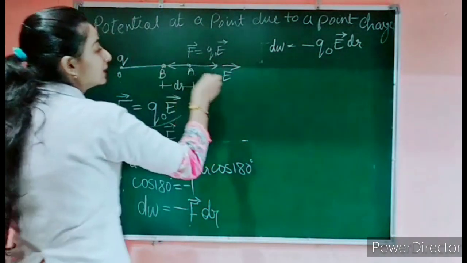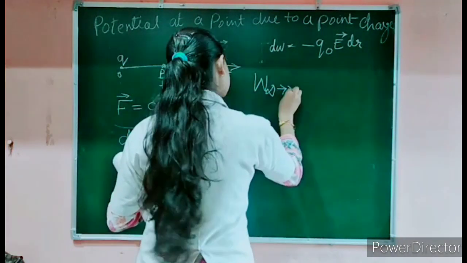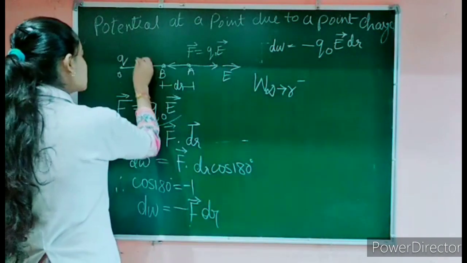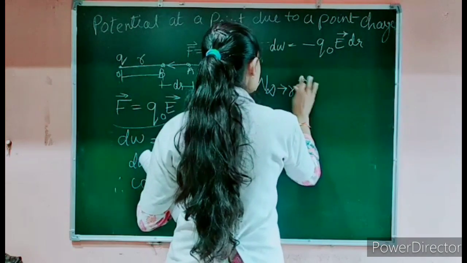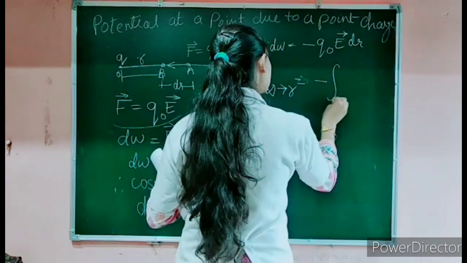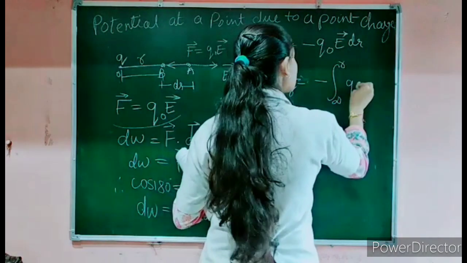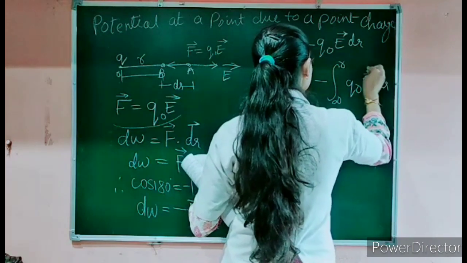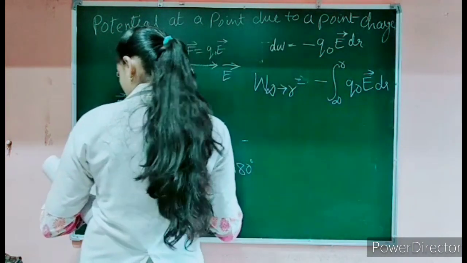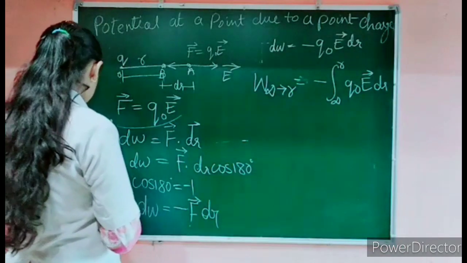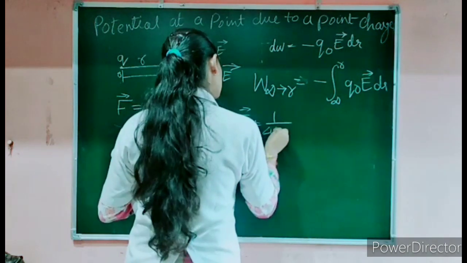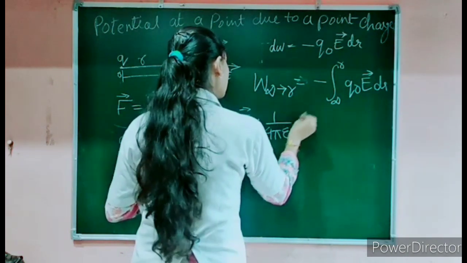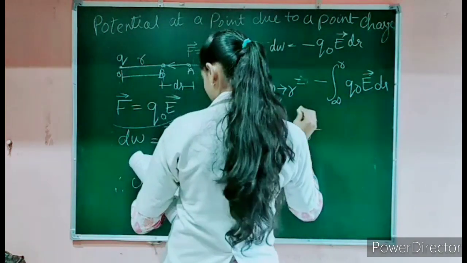Now, if we bring a charge from infinity to that point, then the work done in bringing a charge from distance r, this is our distance r from O to B, will be equal to minus the integral from infinity to r of q0 E dr. The electric field due to a charge Q at distance r will be, the intensity will be equal to 1 upon 4 pi epsilon 0 into Q upon r square.